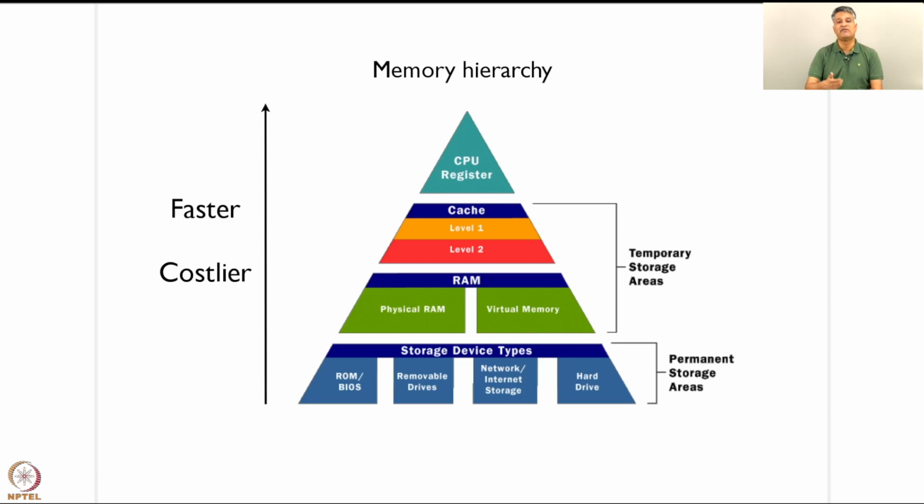You can go one level outside the microprocessor itself. As I said, the top triangles over here, the CPU register, the cache, etc., are directly on the microprocessor itself. Whereas from the level of RAM onwards, RAM stands for random access memory, where you could have the physical random access memory, and then there's another concept called virtual memory, which we will address very soon.